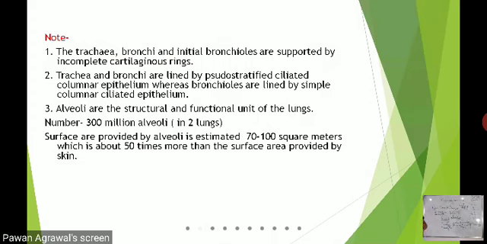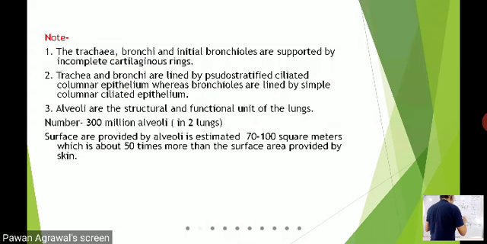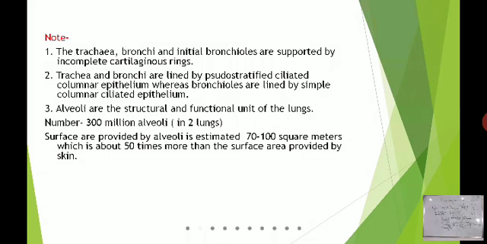What is the number of alveoli? 300 million. Got it? And they are covering about 70 to 100 square meters. The surface area covered by the alveoli is 70 to 100 square meters.